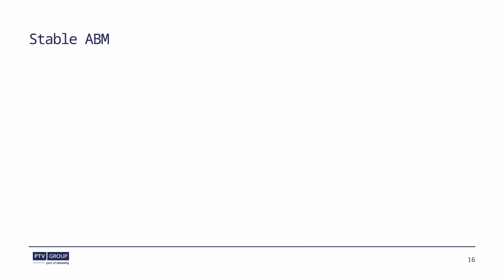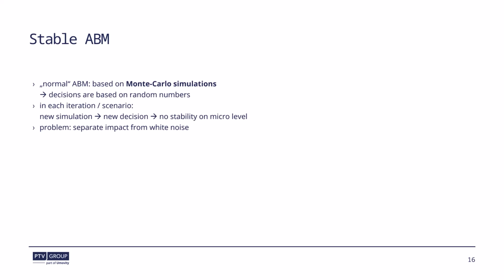Let's come now to a topic that is quite unknown by traditional modelers. It's about stability. Every traditional four-step model is completely stable in some sense, but an ABM is not. A normal ABM is based on Monte Carlo simulations.